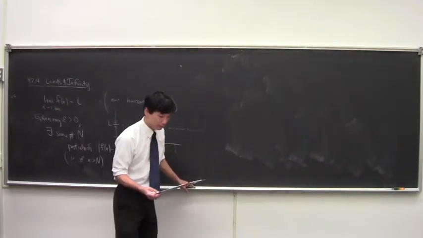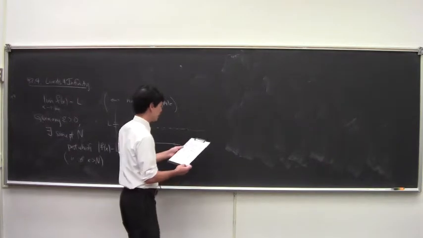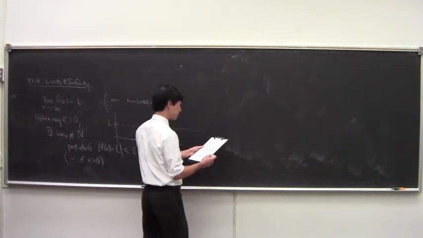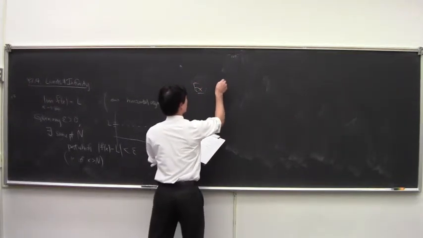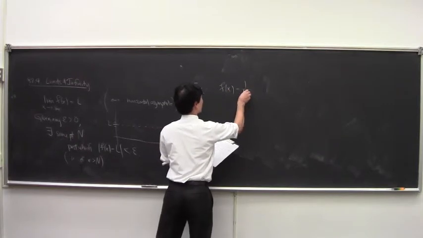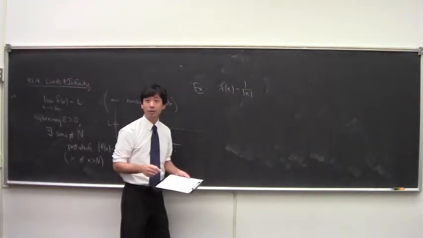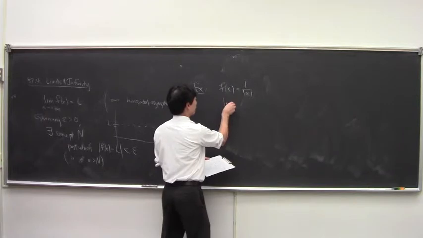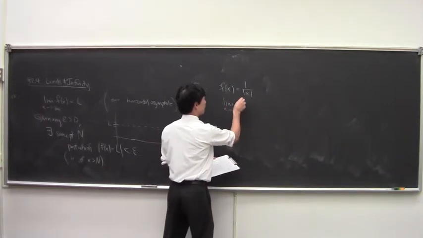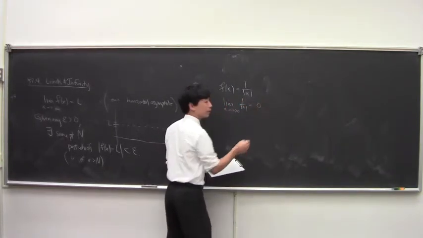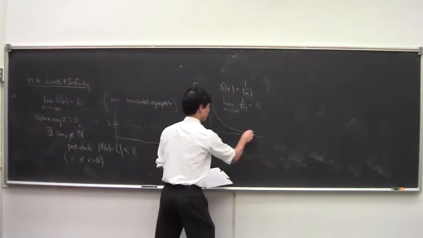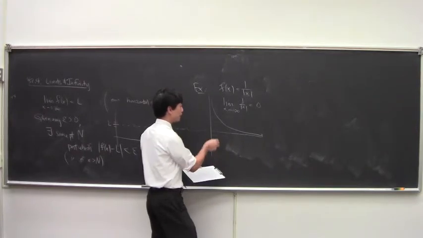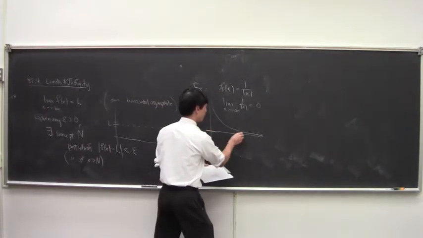Okay, so like we just said, for example, we could look at f of x is 1 over the absolute value of x, and as x goes to infinity, this thing goes to 0, right? It's going to look like this. We're saying that the limit is 0.